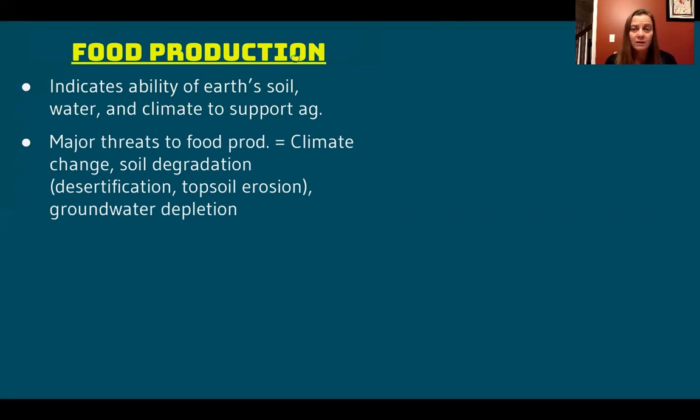Soil degradation, whether that's desertification from dryness or topsoil erosion from overuse. A huge piece of food production is groundwater use. So as groundwater is depleted, then that's also a major threat to food production.